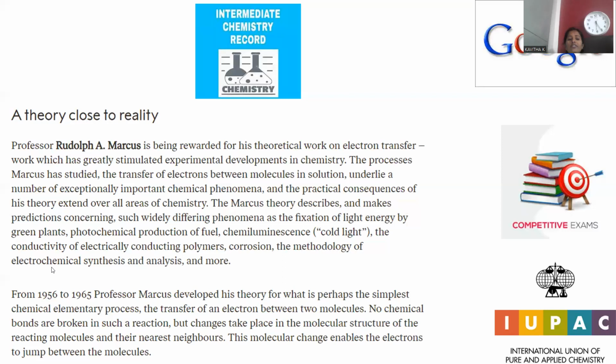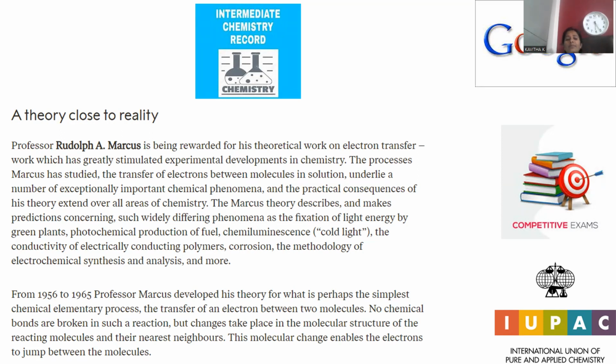The methodology of electrochemical synthesis and analysis. Electrochemical synthesis is nothing but inducing electricity and chemical reaction together to carry out chemical reactions, and analyzing the path of reaction, in what way they are proceeding. That kind of assumptions were made.